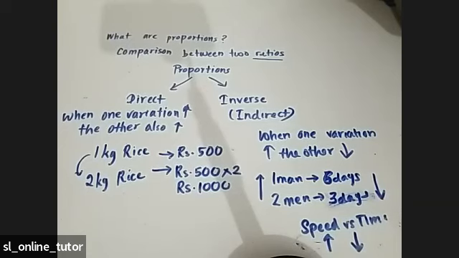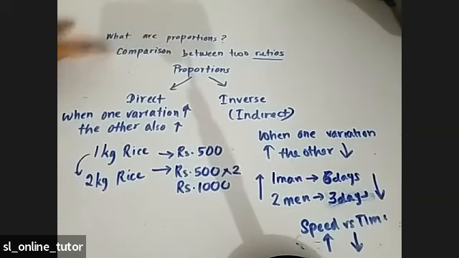Write down the topic, unit number 10, inverse proportion, and copy down what I have written on the board. Start with the point, what are proportions? Then write the answer. It's a comparison between two ratios. Then copy down this chart with examples.